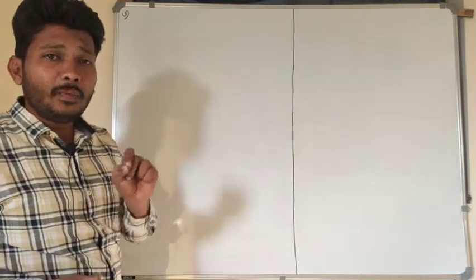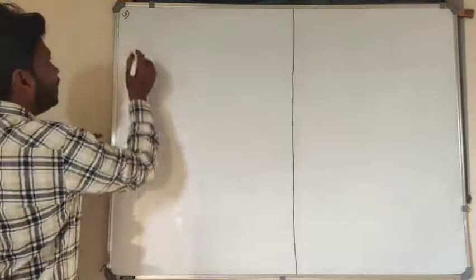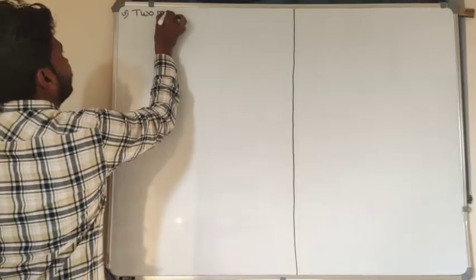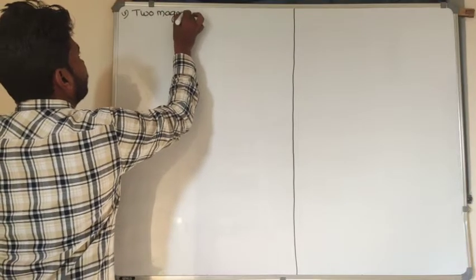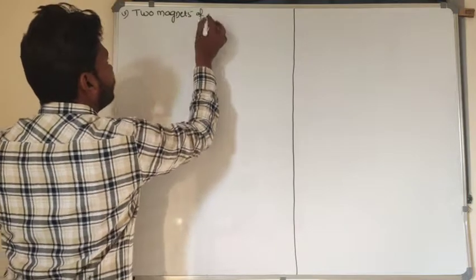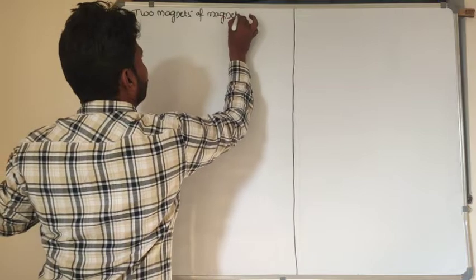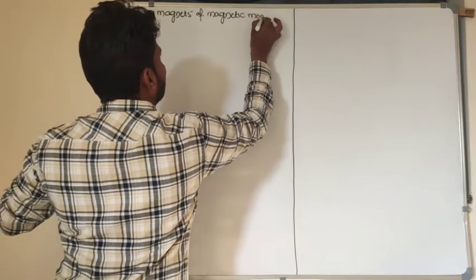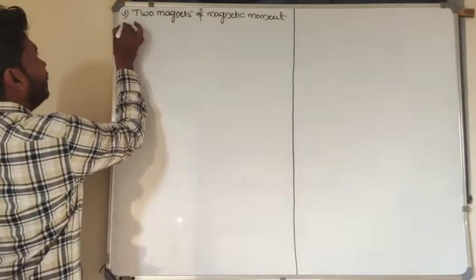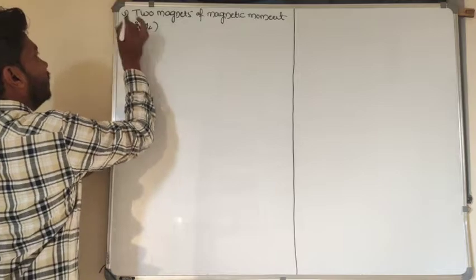I will take two magnets having magnetic moments m1 and m2. Look at here, two magnets of magnetic moment m1 and m2.